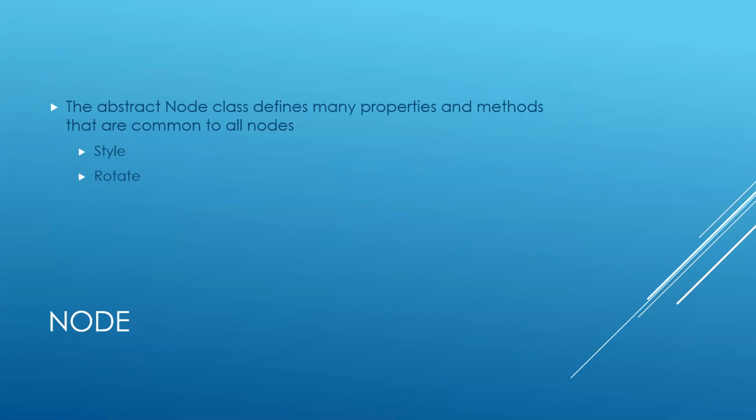Now, whenever we're working with any type of entity in our JavaFX GUI toolkit, it's a node. And the abstract node class that is the base, the parent of all of these node type classes, has many properties and methods that are available to all of the nodes that inherit from it.